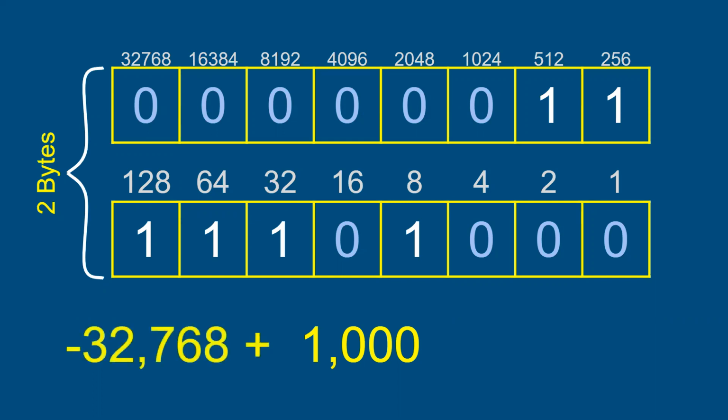We start with the very bottom number, negative 32,768. We add the 1,000 that's represented in memory, and we come up with negative 31,768. That's how negative numbers are implemented. Instead of starting counting at 0, for the integer type, it starts counting at negative 32,768.